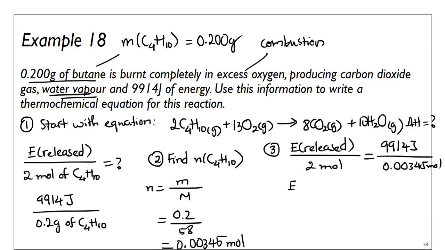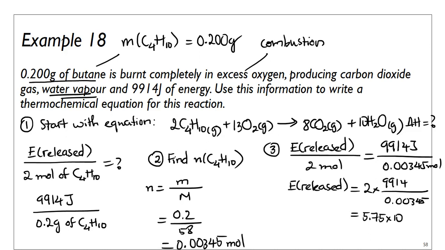Okay, so energy release is going to be 2 times 9914 over 0.00345 times 2. It's a huge number. We're going with 3 sig figs, I think, so 5.75 times 10 to the power of 6 joules.